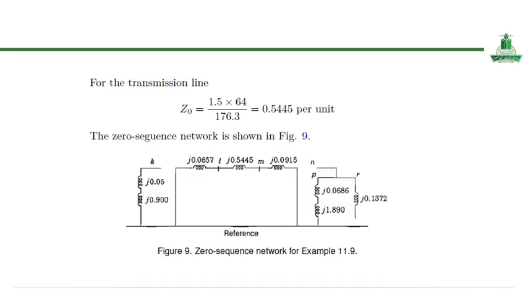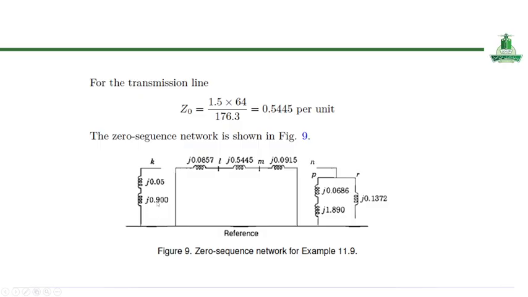On the left side, the generator is represented with its zero sequence reactance j0.05 in series with the grounding impedance, which is equal to this value.